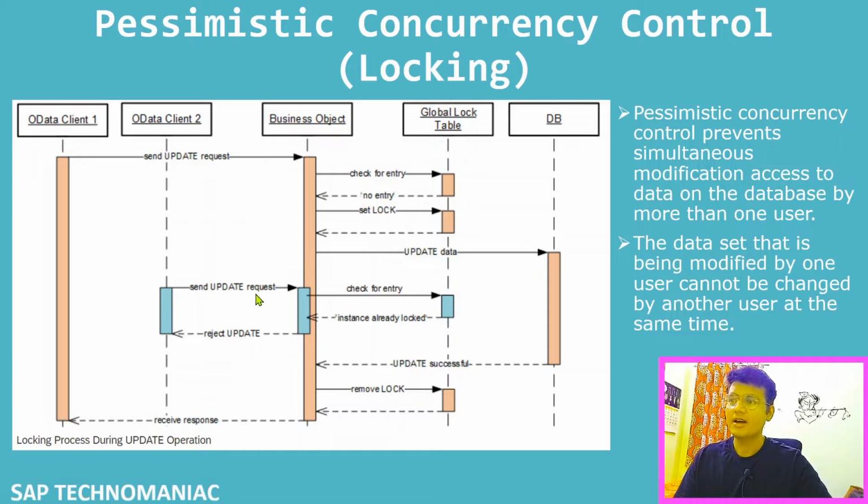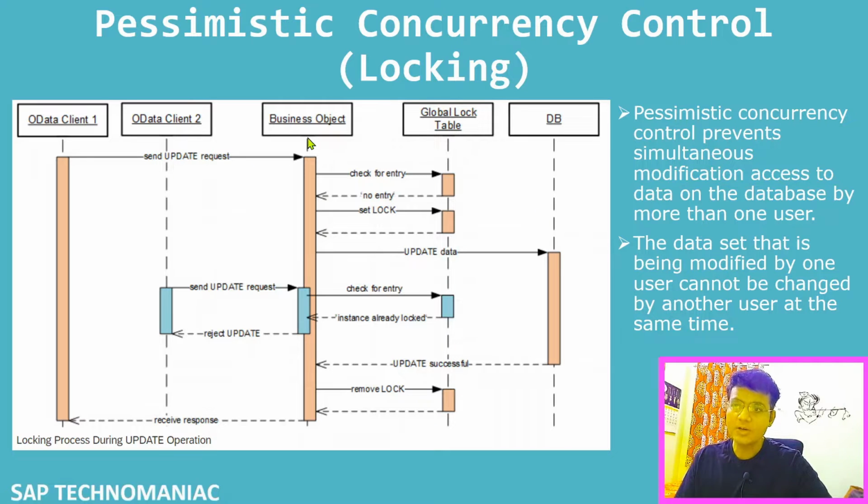When there are two OData clients, as soon as you click on the update button or the save button, for example the first user clicks on the save button, whatever he has updated in the system, he will send the update to our business object. The business object, using the EML statement we can do in the unmanaged scenario, and in the normal managed scenario, that will be done by the framework.